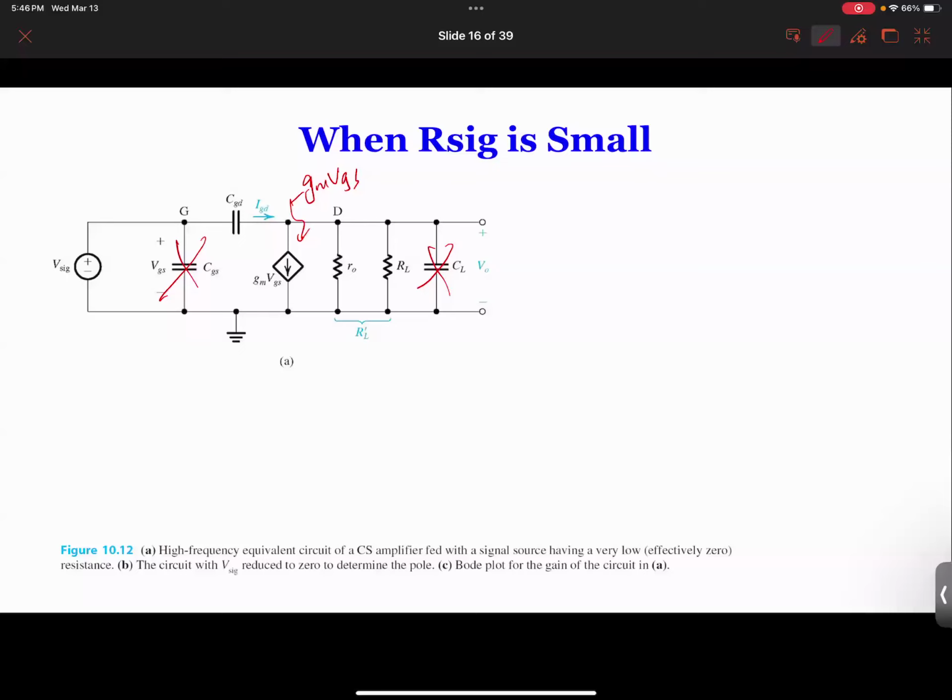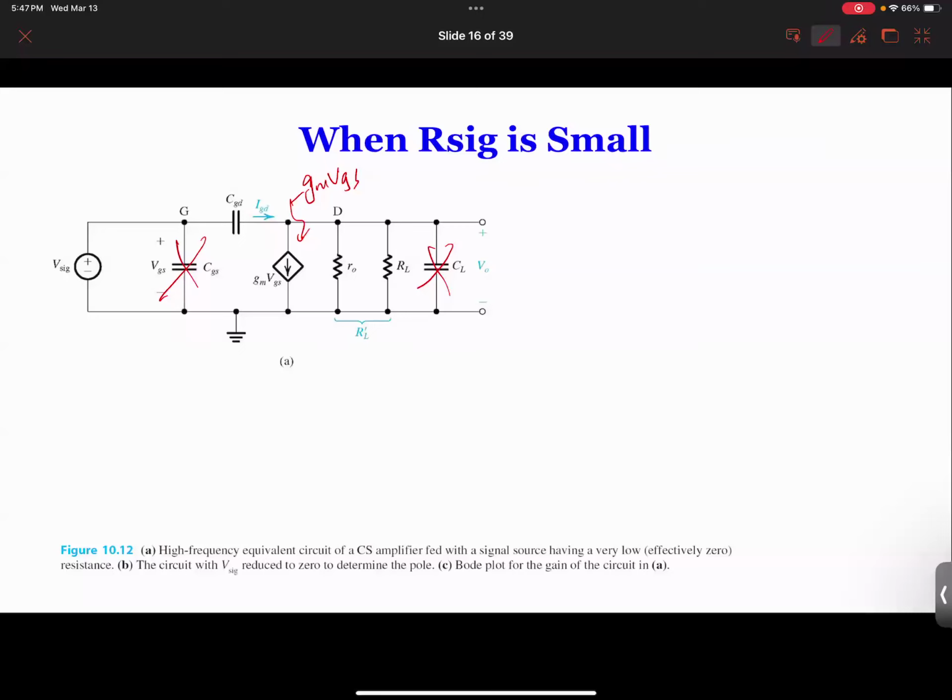We said before that IGD is small, which basically means that if we neglect CGD or IGD, the capacitor does not have any impact on the output. So in the book, they said, since the input resistance is small, we can neglect CGS. Let's not neglect CGD and see what happens.